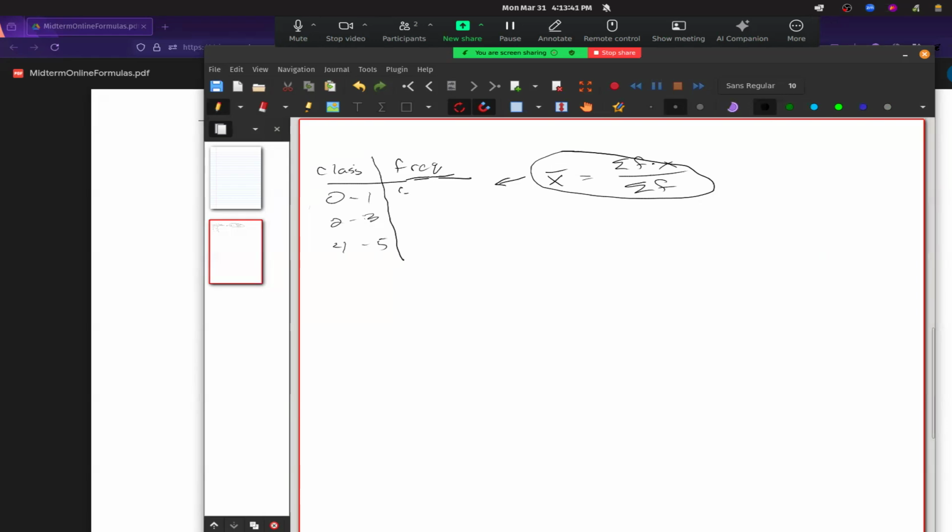So just to put this into context, maybe the class would have been the number of coins that somebody carries in their pocket. So you had 5 people that carried 0 to 1 coins. Let's say we had 2 people that carried 2 to 3 coins, and you've got 1 person that had 4 to 5 coins.